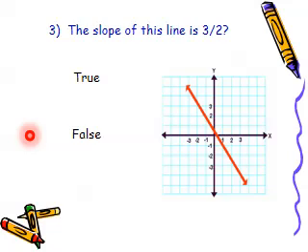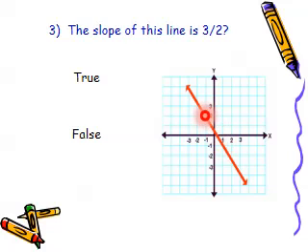All right, this is false. How could you know that real quick? Well, first of all, if you know about positive, negative, 0, and undefined slope, you'd know that this has a negative slope. So there's no way it could have a slope of 3 over 2. It would have to be a negative slope. So let's just count here.